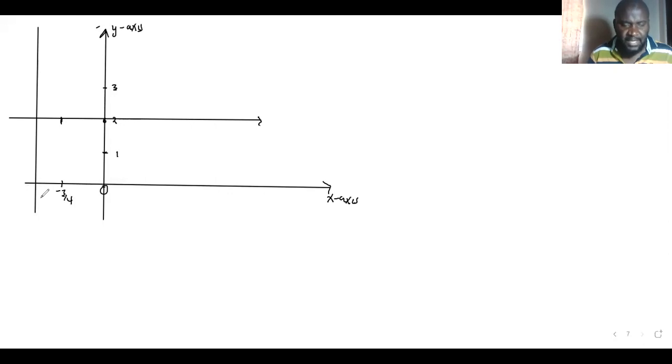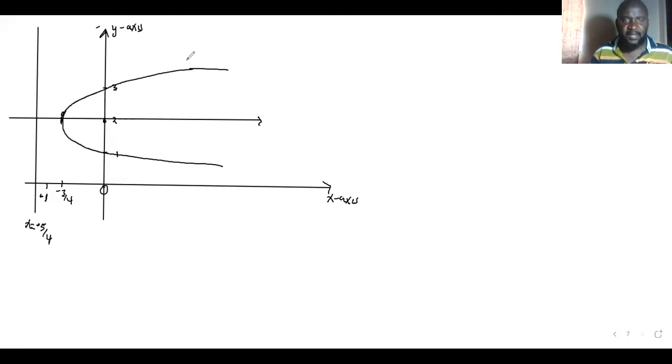The directrix we said is at -5 out of 4. And this could be -1. So at this point, we expect the parabola to turn and go in that direction, then here to turn and move in that direction. Hence, that is our sketch for y minus 2 squared is equal to x plus 1.